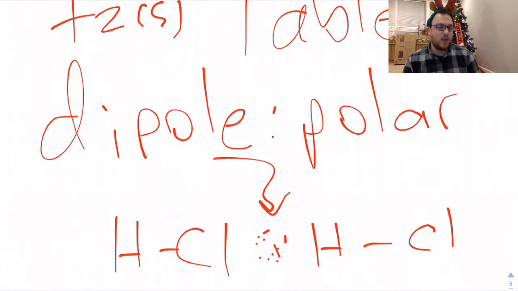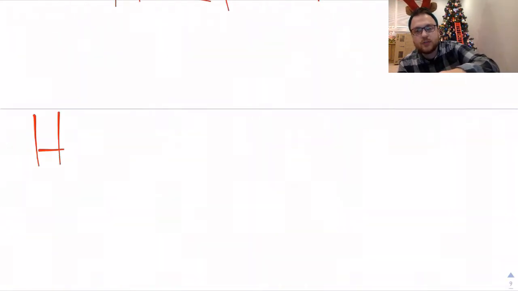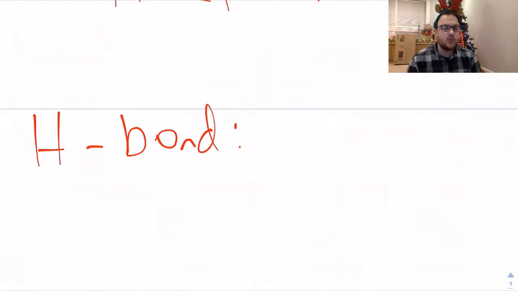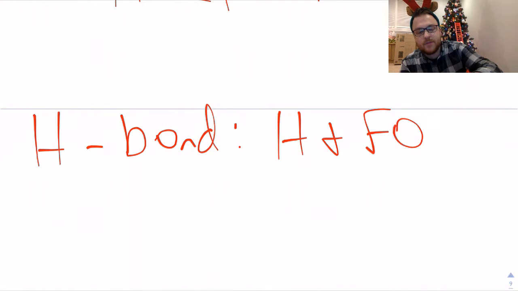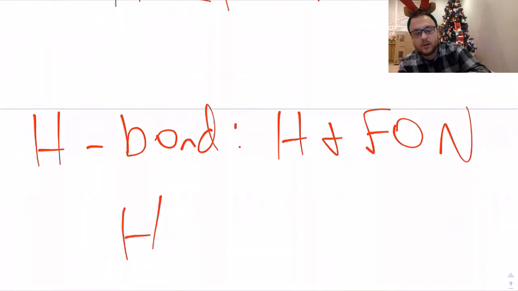So that's IMF 2. IMF 3 is hydrogen bonding. So hydrogen bonding is a special type of dipole that only exists between an H and F, O, or N. So in a molecule that has this IMF, like water, the IMF is right here, that's the hydrogen bond.